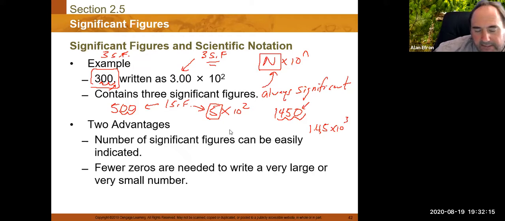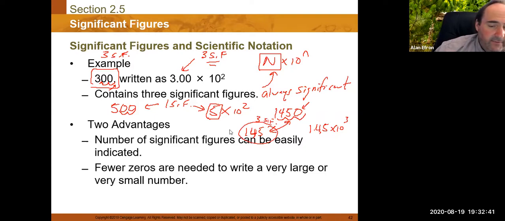Now, let's say we did want to write this in 3 significant figures, right? So if you want to write this in 3 significant figures and you did 145, that would be 3 significant figures, correct? The problem, though, with that is there is a very big difference between 1450 and 145, right?